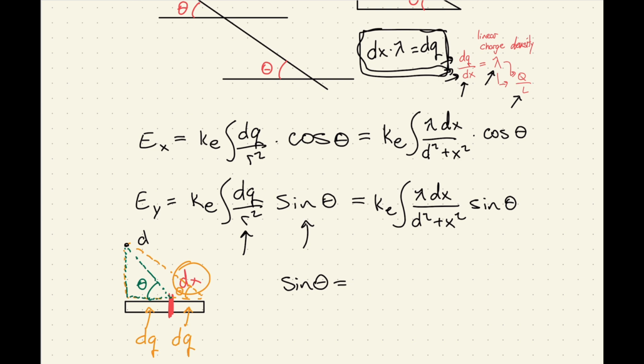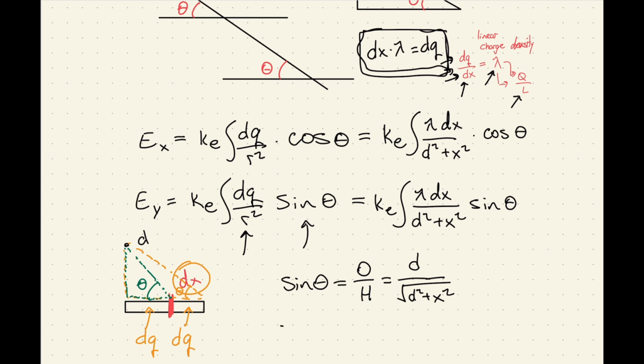Sine of theta is equal to opposite over hypotenuse. In this case, the opposite side of theta is always going to be the same thing. It's going to be D. That's never going to change. And then the hypotenuse is going to be the square root of D squared plus X squared, right?